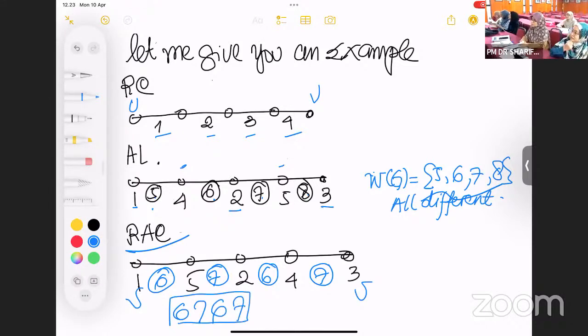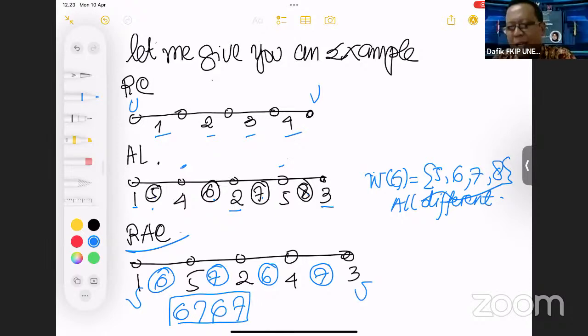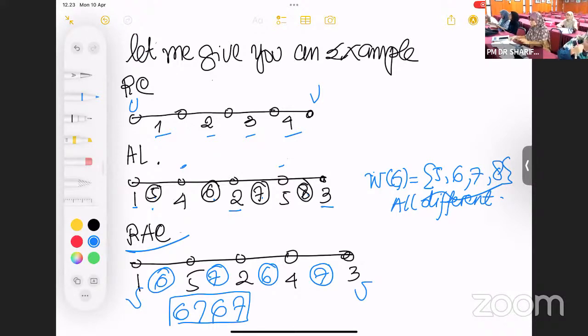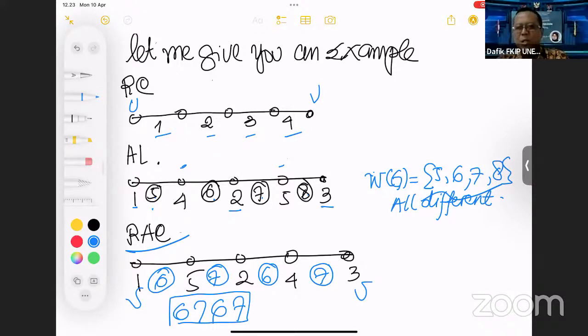There is a repetition. Understand? So it is a contradiction with the definition, then it is not satisfied. So this graph does not admit a rainbow anti-magic coloring.